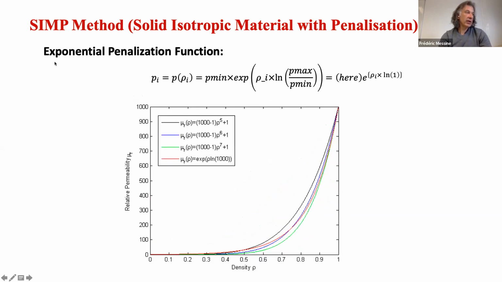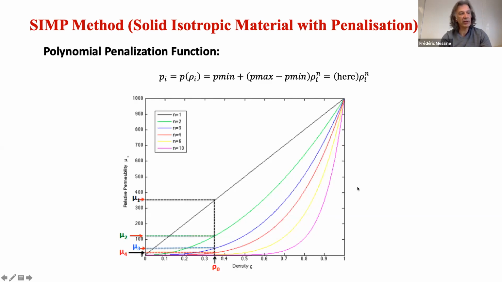You can also find exponential penalization functions, another kind of penalization function like this. That's the same idea. At the beginning we can try to keep the convexity of the function, and also because we need to minimize the weight of the structure, we prefer to say, okay, here if rho is equal to 0.9, you put material, else we don't want to put a lot of material.